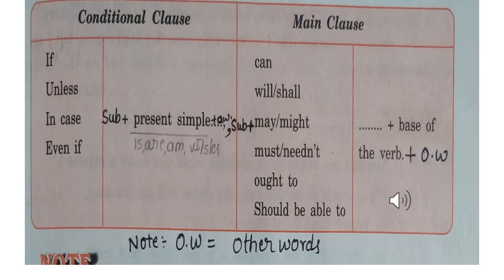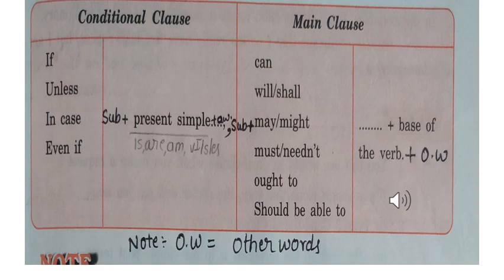According to the given pattern, the conditional clause always starts with either if or unless or in case or even if. And after that you need to write your subject, then verb in simple present.